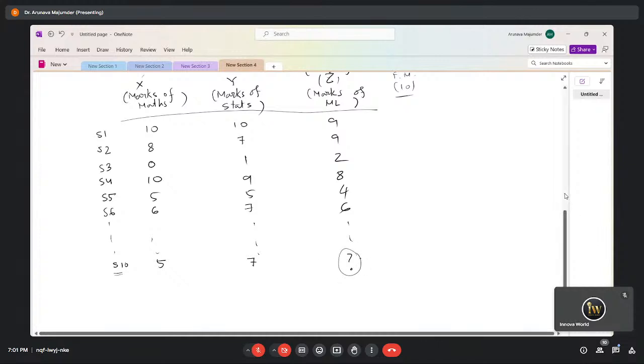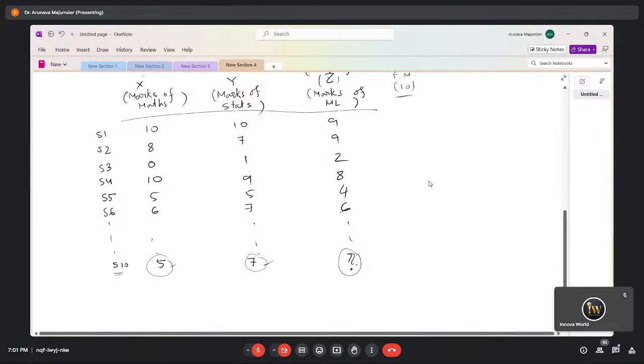Now you have to look whether the combination 5 and 7 already exists in the data set or not. Mathematics marks 5 and stat marks 7: no student exists in this particular data set. So S10 is another student whose marks in ML are to be estimated, but we only have the marks of maths and stats.